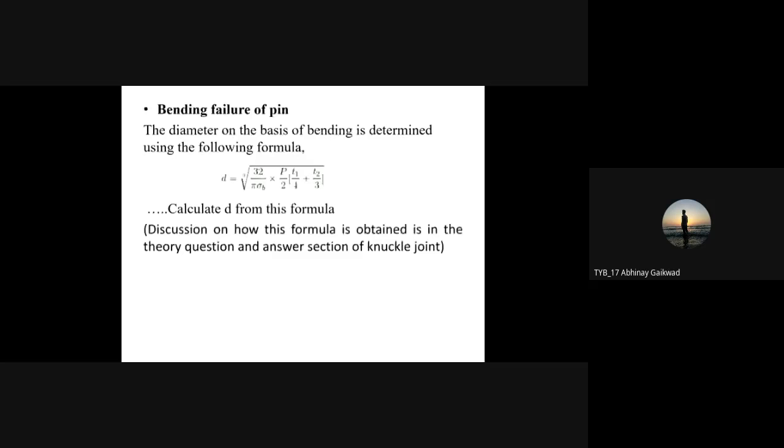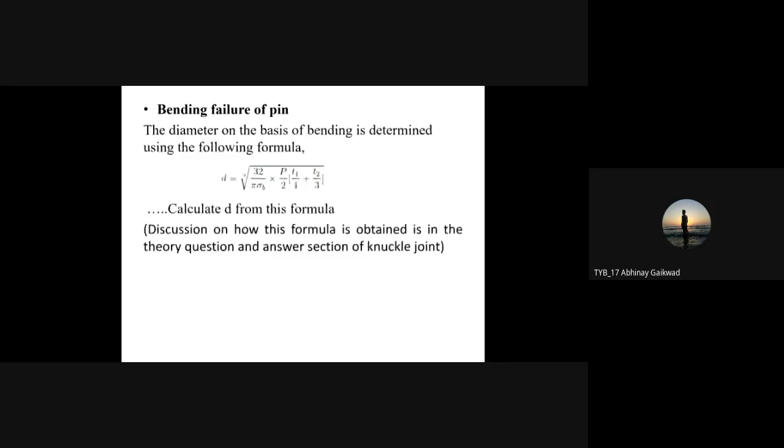Now here, as we are going to use P is equal to 2 multiplied by pi by 4 small d square into sigma s or tau, from this formula we are going to calculate the value of small d. And if the small d value which you calculate by this formula is equal to or less, we are going to consider that the pin is safe under bending stress also.